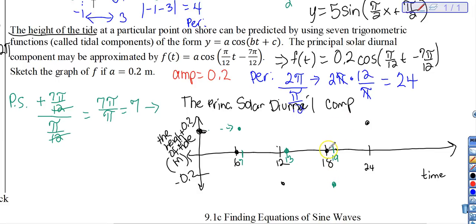And then if I take this equilibrium at hour 18 and I push that 7 hours forward, I'm going to be at hour 25, which basically means I'm at the next day. And then I'm going to take this 24 hours. I guess I better go out here to 30 hours and push it past 30 hours to 31 hours to get back to high tide. So my graph would look something like this.